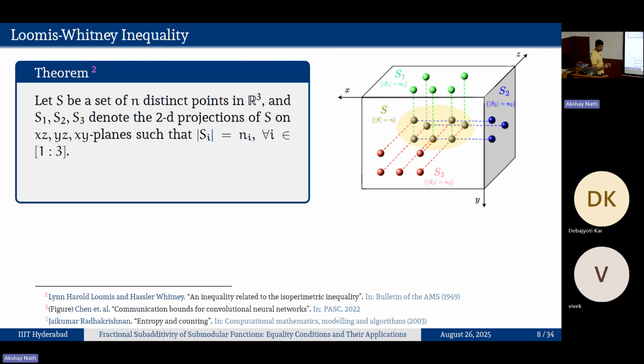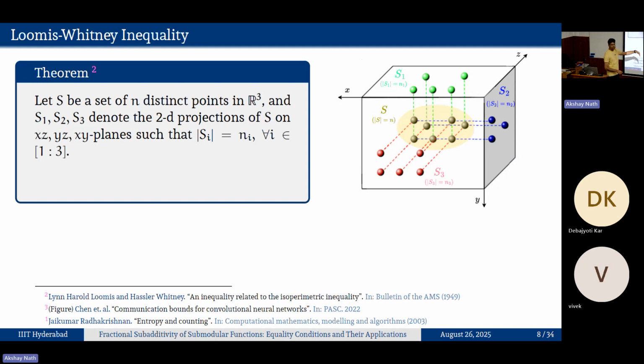So let's see one example, since I've been talking about this entropy and counting method. One favorite example that I have, and Jigma presents it in every talk, is the celebrated Loomis-Whitney inequality. Suppose I'm looking at a 3-dimensional space.